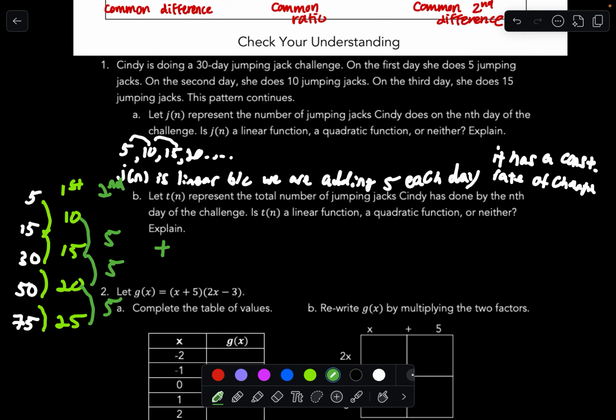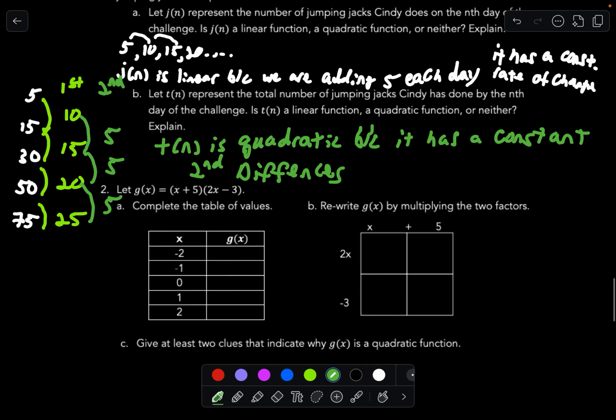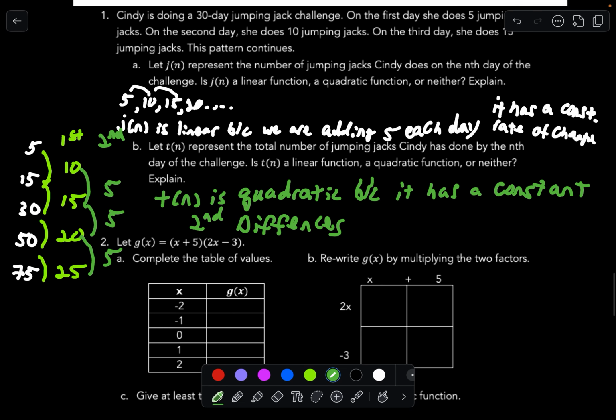So T of n is quadratic because it has a constant second difference, the difference of the differences of the first differences. So it's quadratic in nature. The second difference equals 5 each time.